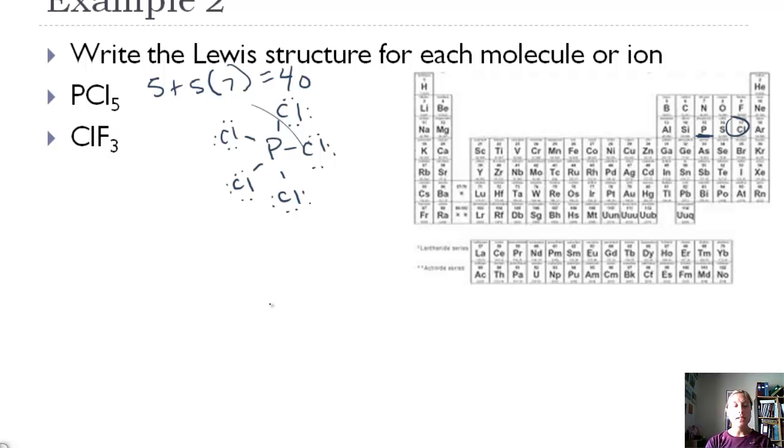Okay, ClF3 is going to behave somewhat similarly. We have chlorine, which has 7 valence electrons, plus 3 times fluorine, which also has 7. This gives us 28 electrons.